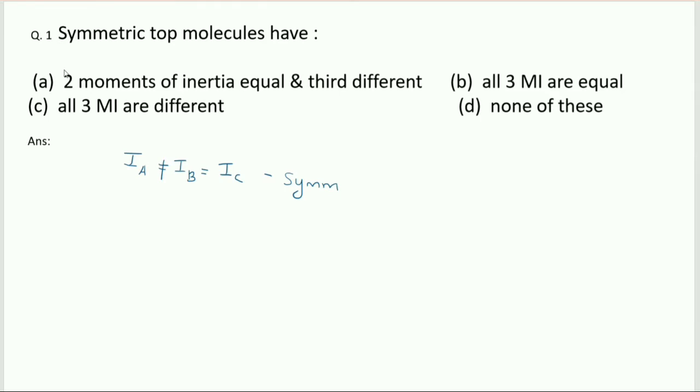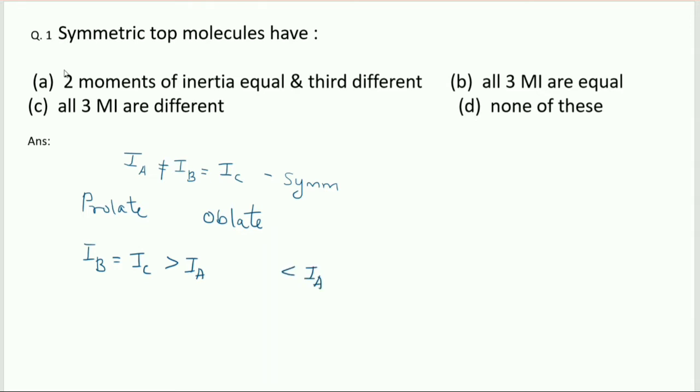So in symmetric top molecules, IB equals IC, which is not equal to IA, and there are two types of symmetric top molecules, that is prolate and oblate. In prolate, IB equals IC, which is greater than IA, and in oblate it is less than IA.